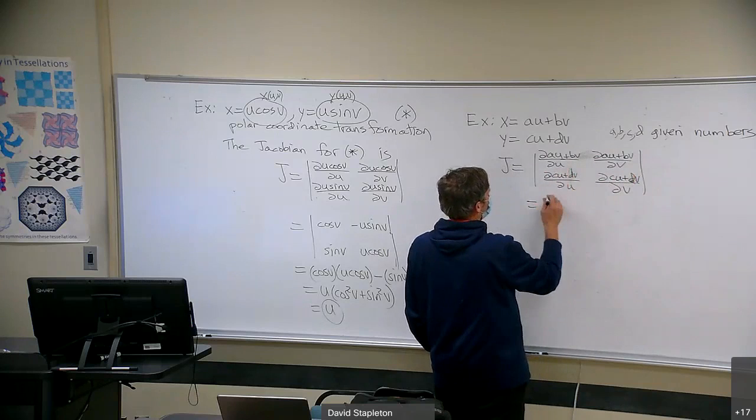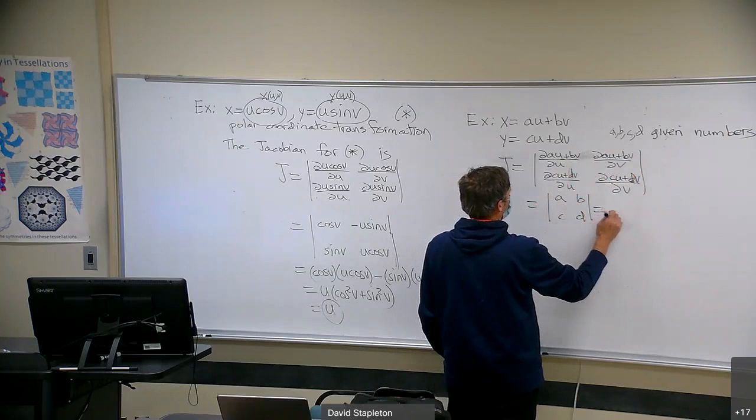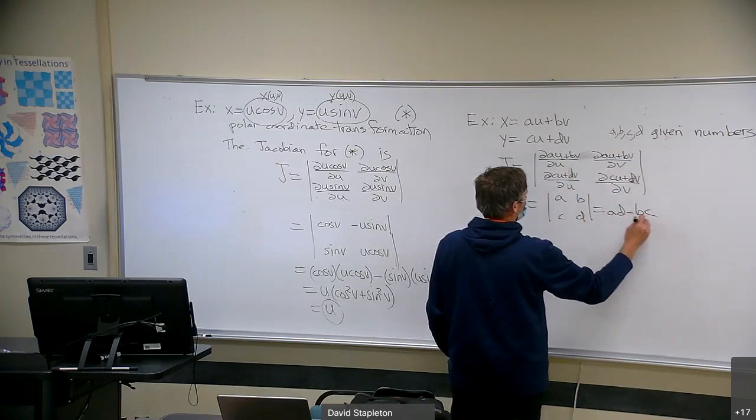Now what we get is just a, b, c, d. This becomes ad minus bc.